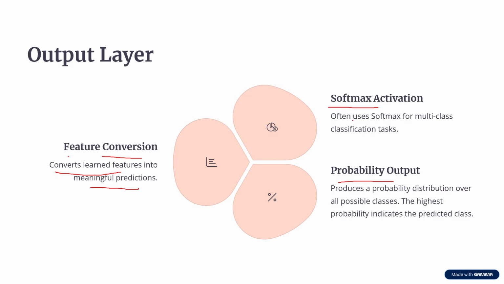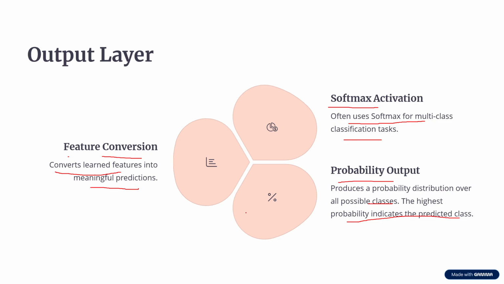In the softmax activation function, it is often used for multiple classes in classification tasks, meaning it converts the output into probabilities. The probability output produces a probability distribution over all the possible classes, and the highest probability indicates the predicted class. So the output layer gives the final answer from the CNN.